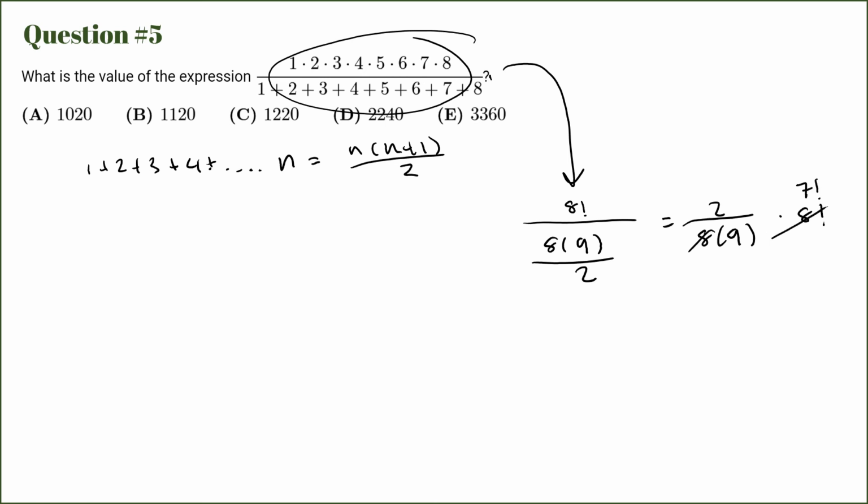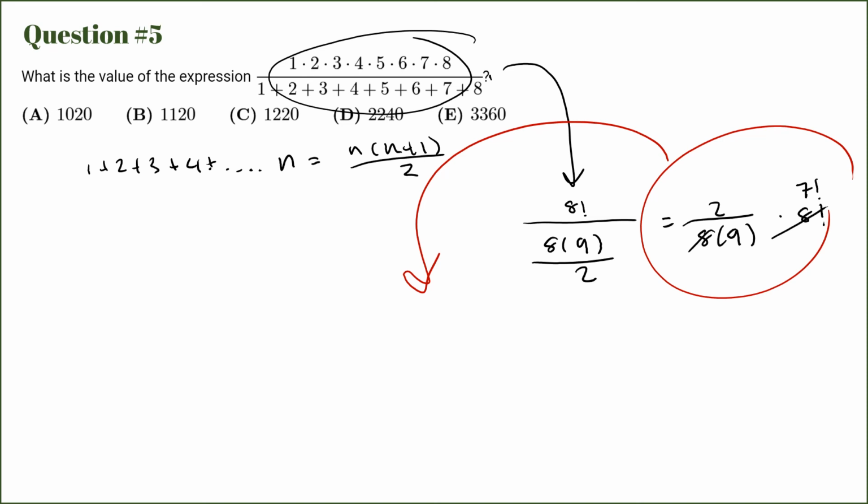Then we can take this and write it as 2 times 2 times 3 times 4 times 5 times 6 times 7 over 9. A 3 cancels out here, and another 3 cancels out here.